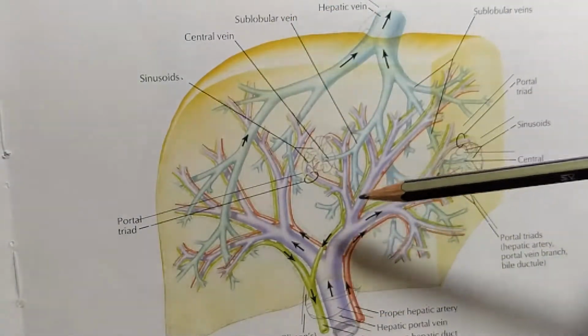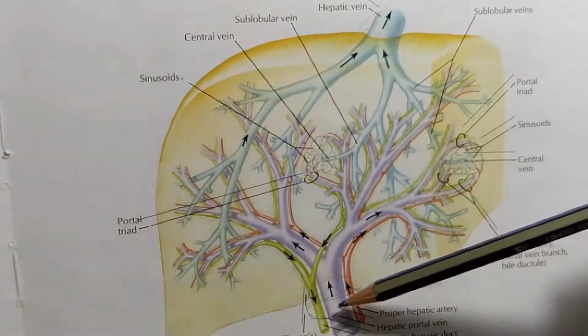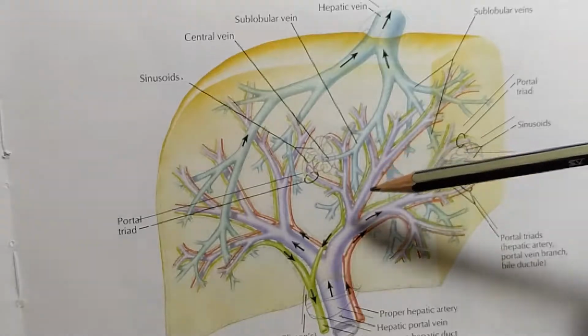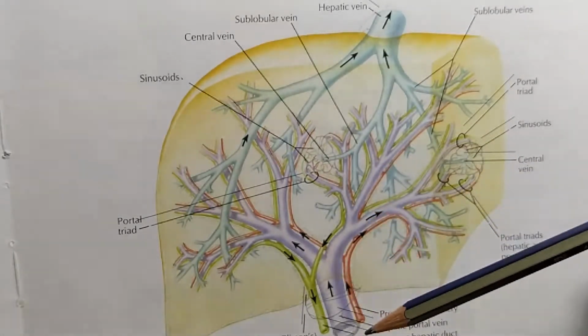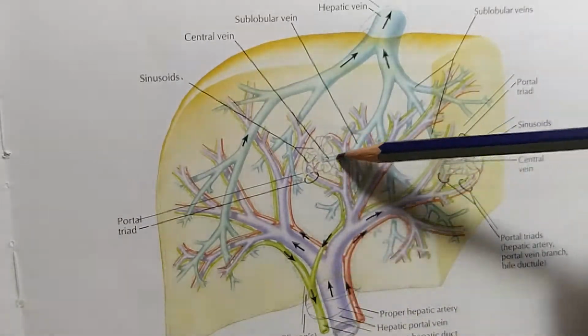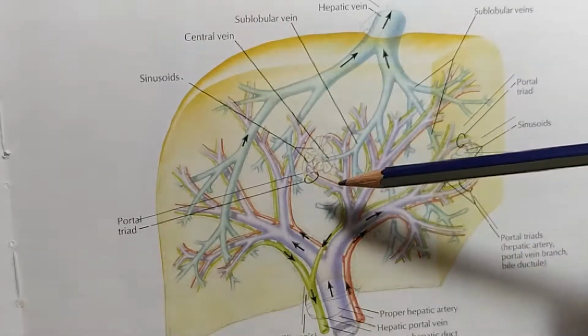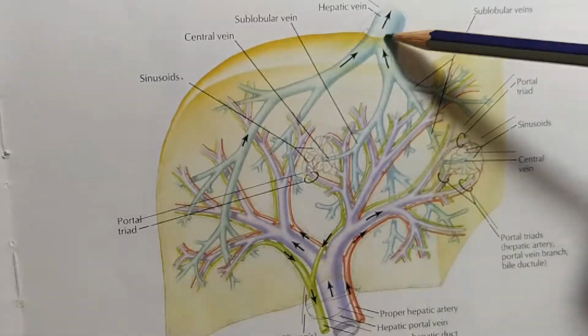The hepatic portal system is most active. All the venous blood from organs like the stomach, spleen, and intestine comes to the liver and makes a shunt, and then it goes on as the systemic venous system.